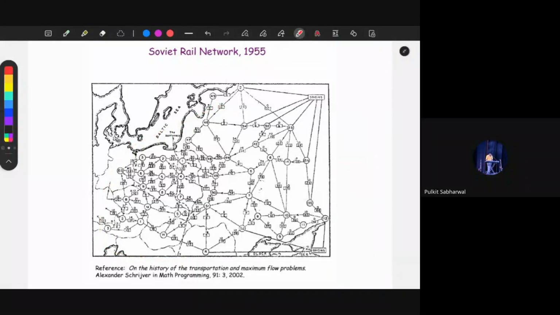Say I have these railway junctions, all these nodes, and the weight on the edges denotes how many kilometers you need to travel to go from this node to this node, like that.